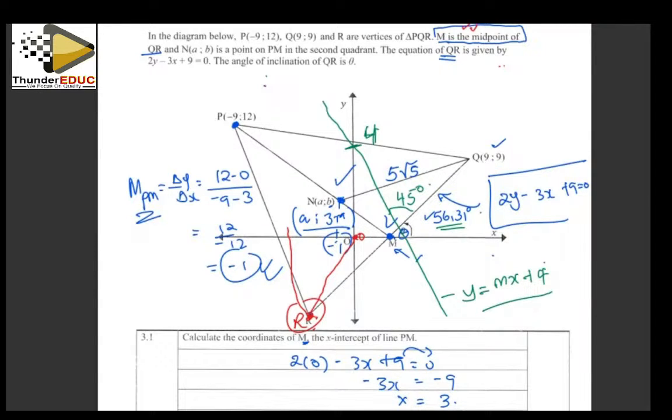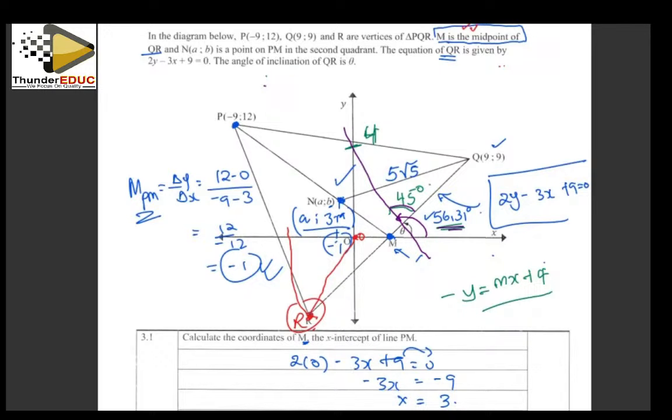So if I try to get this entire angle, so that I look at the angle of inclination and find the gradient, I think that would make sense, because it simply means I'm going to have this 56 plus the 45.